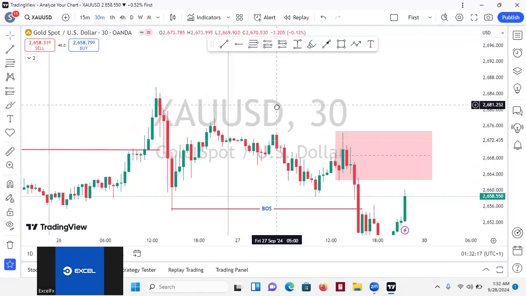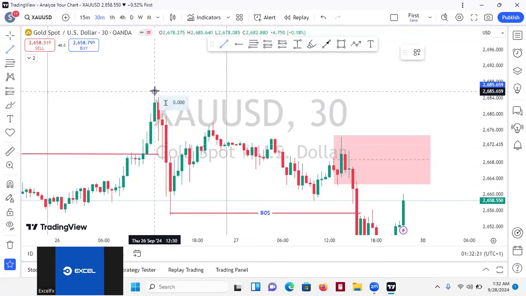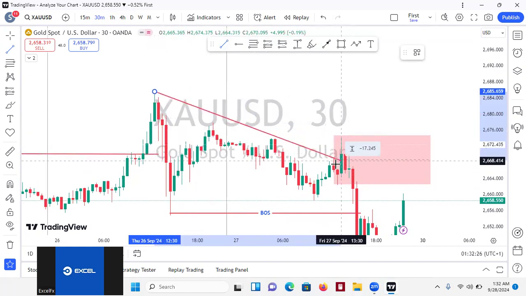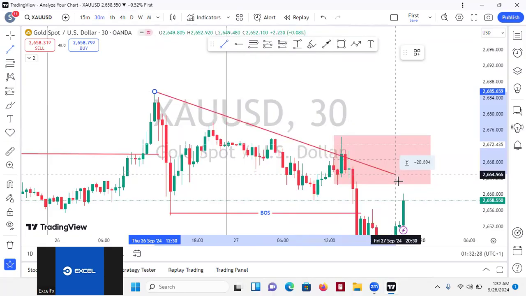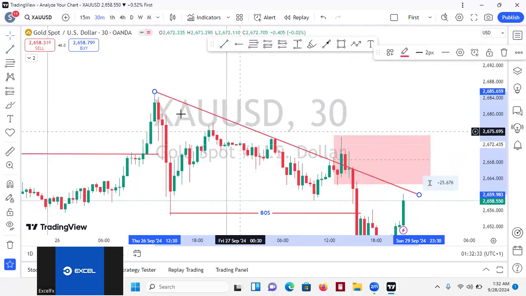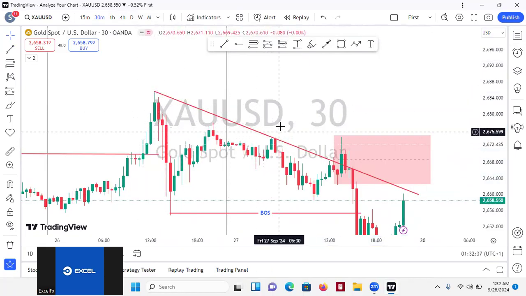This is a low, and it's a downtrend, and this is a high. You connect at least two highs. Basically, this is how you draw your trend line, connecting at least two lows or two highs.